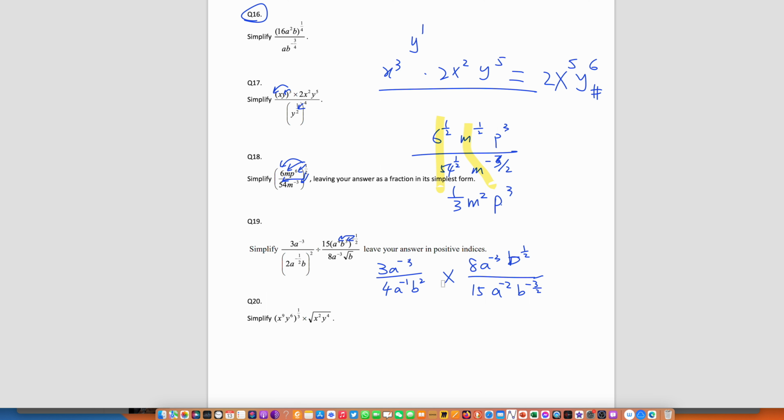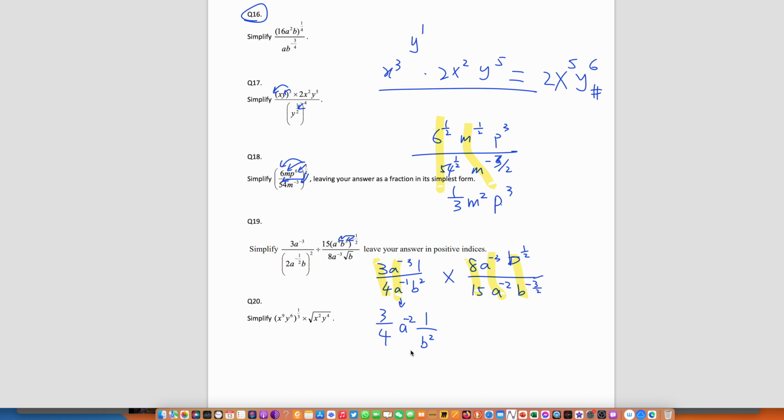So 3/4 is 3/4. A minus 3 minus -1, so a plus 1, right? So it's -2 here. You can use a calculator. Then for this one is 1/b2.